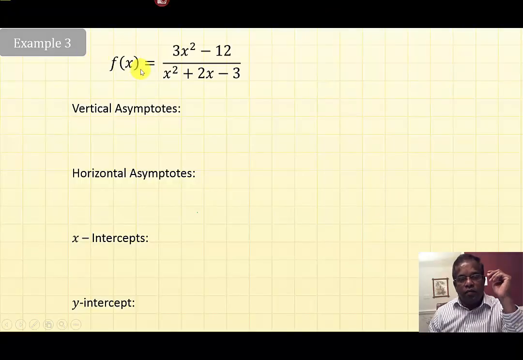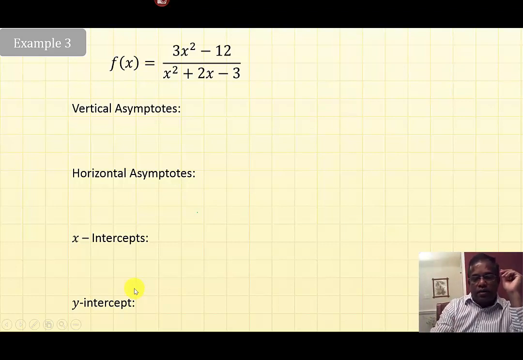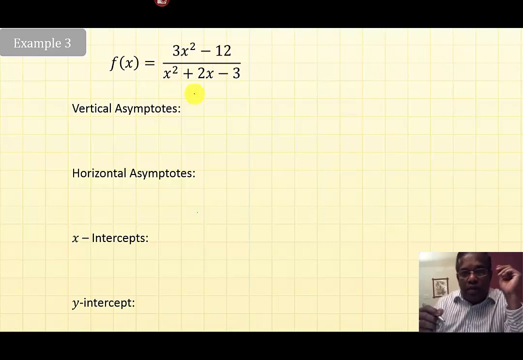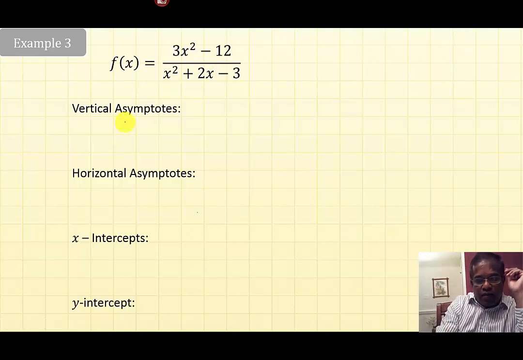Example 3. For this rational function, let's find the vertical asymptotes, horizontal asymptotes, x-intercepts and y-intercept, and then use a calculator to graph it and confirm what we get. Now again, a vertical asymptote is given when the denominator equals 0. So to find the vertical asymptotes, we need to solve this one.